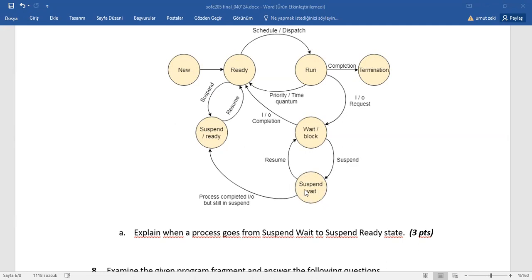So when it goes from suspend wait to suspend ready, it means that while in suspend wait state, it can still finish its input output operation, but memory is still not available. So it goes to suspend ready state, which means, okay, I finished the input output operation and I'm waiting for memory availability. Okay, this is the answer of this question.